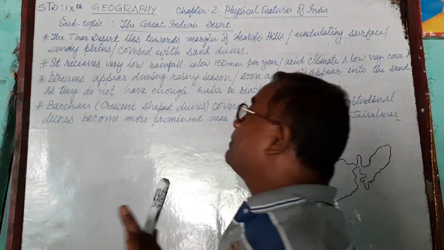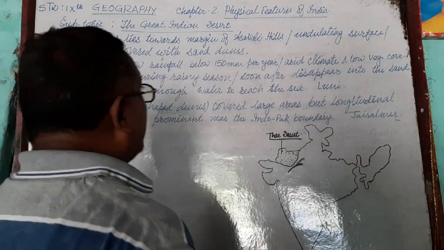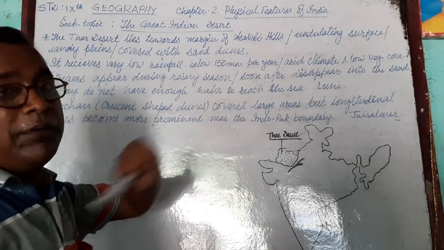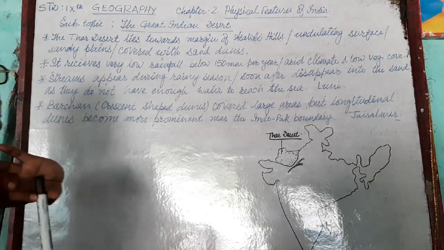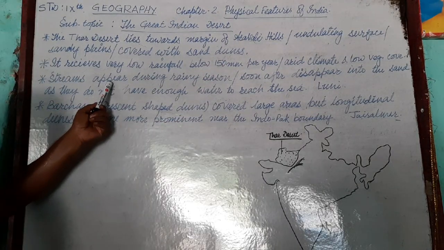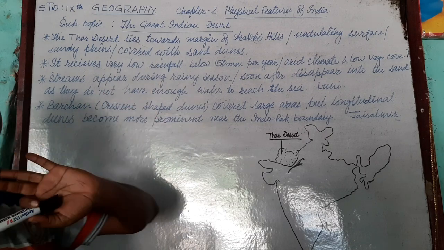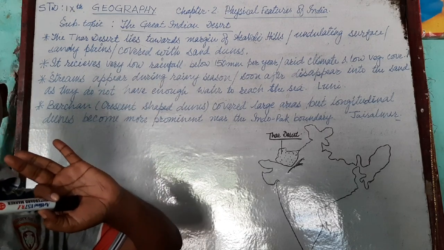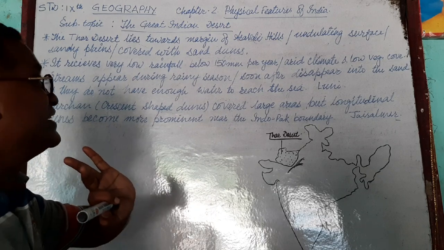Rainfall is very low here, only 15 centimeters. So streams appear during the rainy season only, the season when rain is received here.